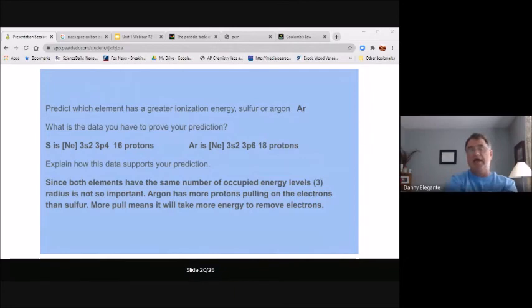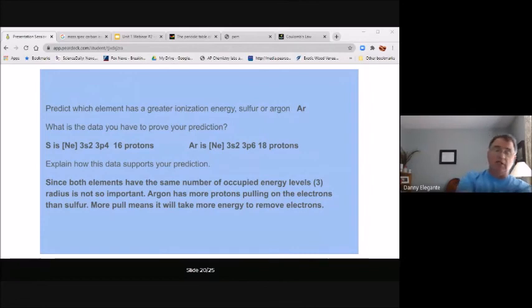So any time that the electrons are the same distance from the nucleus, then you're going to be talking about protons. So argon has more protons, and more protons means a greater pull on the electrons. And then more pull means it takes more energy to remove the electrons.